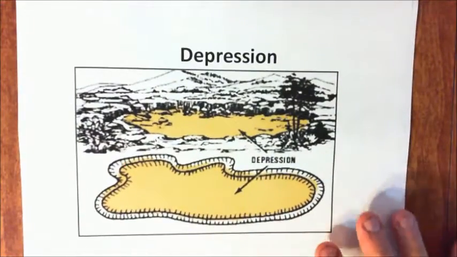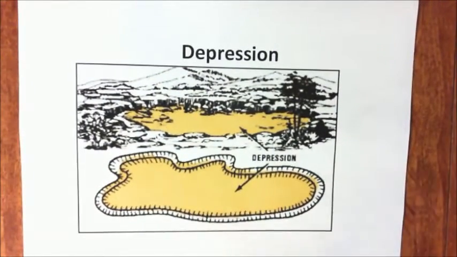Depression. Well, just like in human mentality, when you're depressed, you have a low feeling about things. Well, you come walking along here and then you sink down into a depression, and all of a sudden you definitely have a low feeling. And in a depression, the tick marks point toward the low ground.